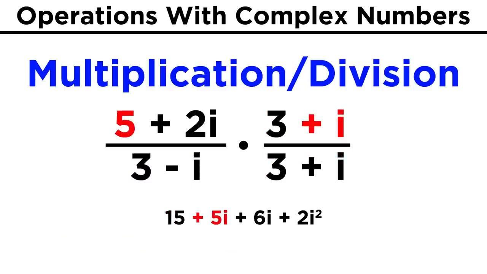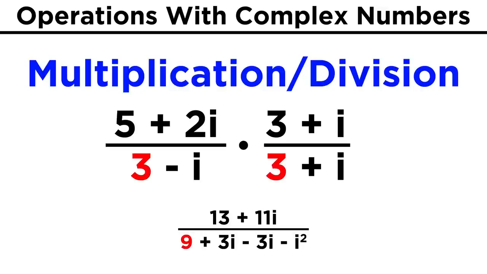15 plus 5i plus 6i plus 2i squared. We combine these to get 11i, 2i squared becomes negative 2, and we end up with 13 plus 11i. Then on the bottom, we get 9 plus 3i minus 3i minus i squared.